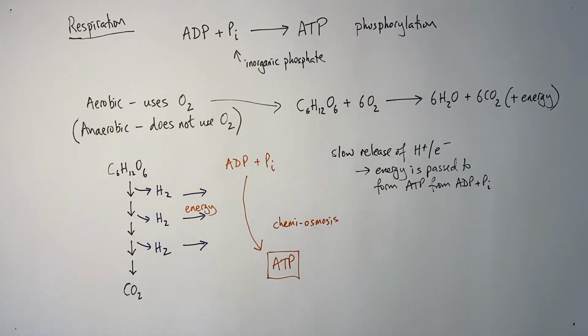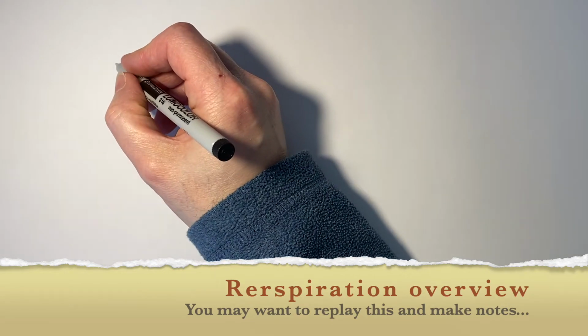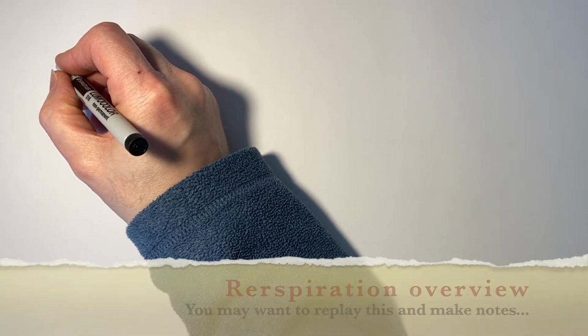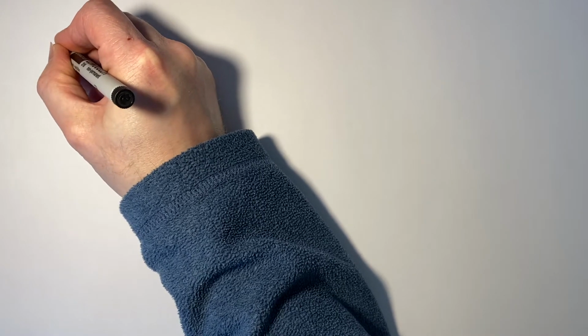So, there are a number of stages involved in respiration, and here are the different stages. And in fact, aerobic and anaerobic respiration start at the same point. And that same point is hexose or glucose.